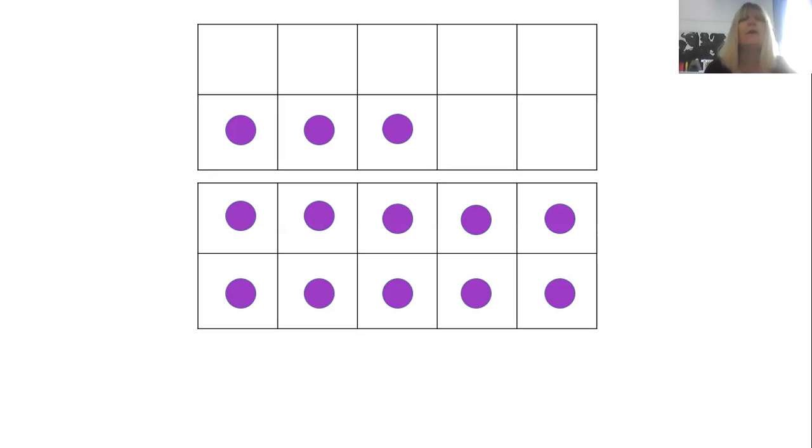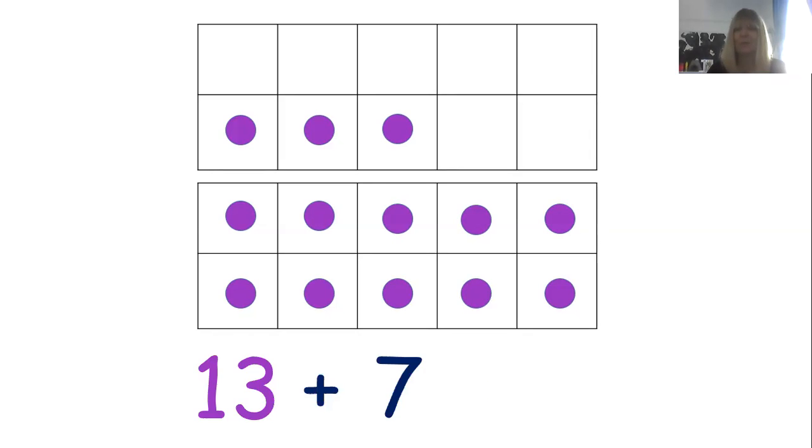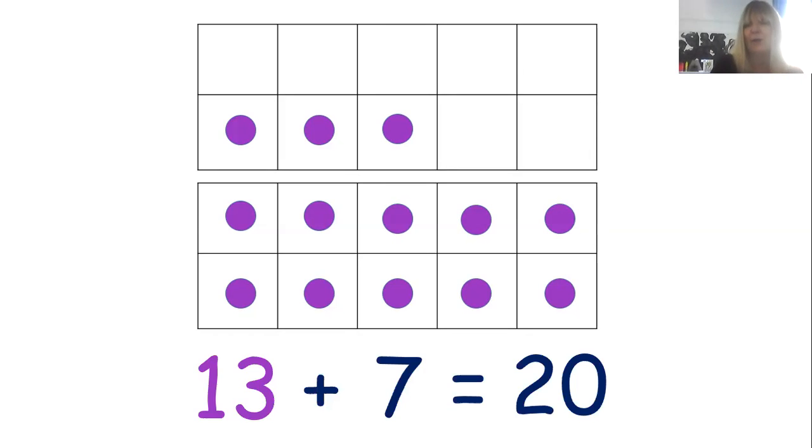So 1, 2, 3, 4, 5, 6, 7. So 13 plus or add 7 equals, absolutely right, it's a number bond to 20 because all the squares together are 20.